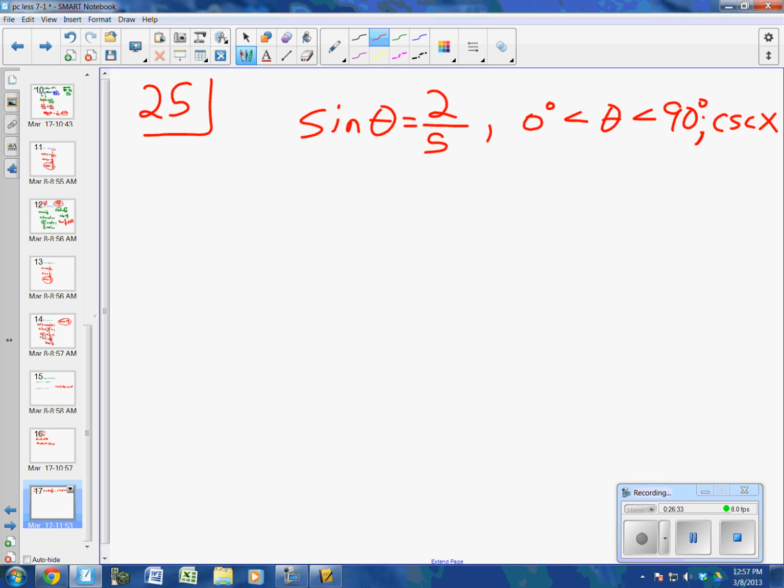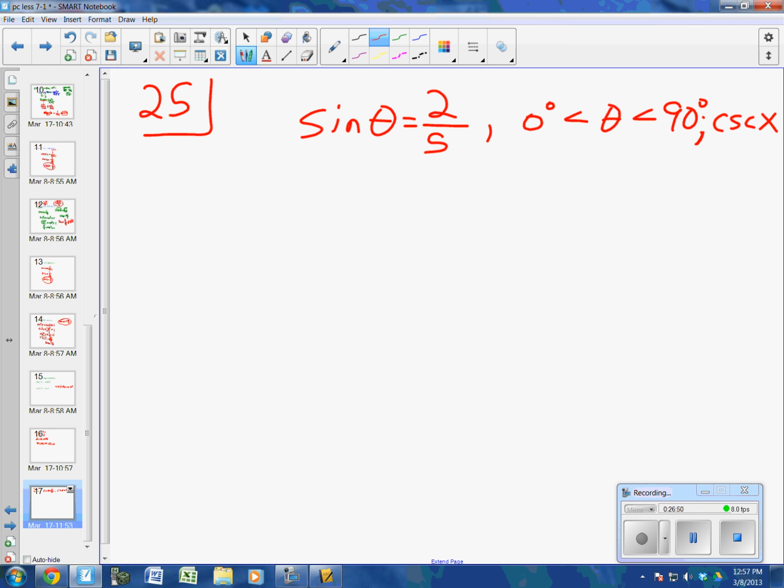Okay, what are the directions? Let me see. Can I read it? Number 25. Use the given information to determine the exact trigonometric value. Okay, sine of theta equals 2/5, and theta is between 0 and 90, and cosecant is what we're looking for.